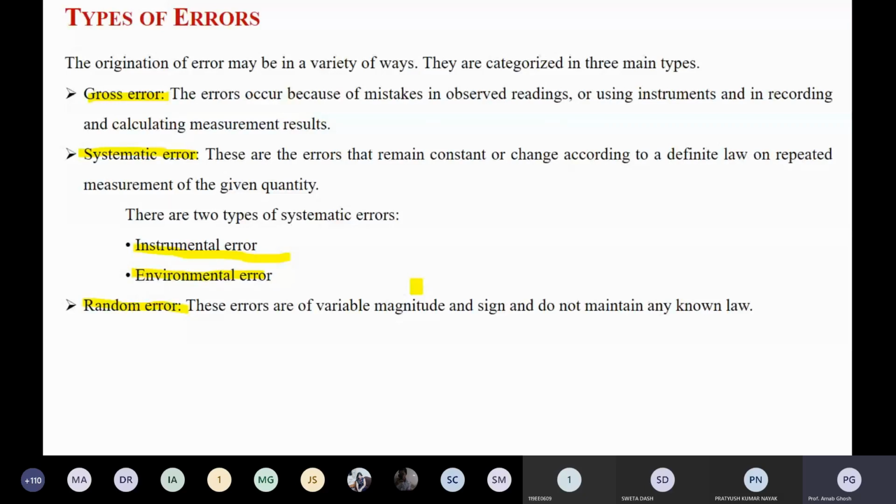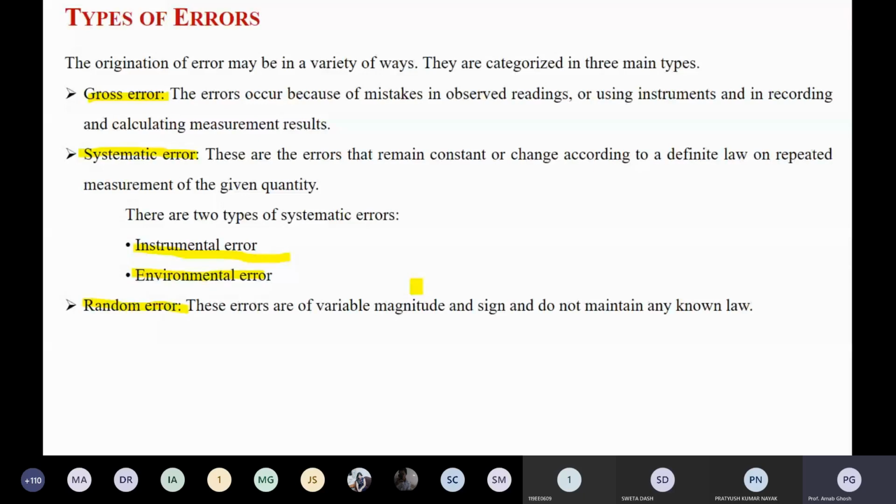So environmental error may sometimes be responsible. Instrumental error is due to the aging effect, and moisture may accelerate the aging, which may cause instrumental error. Instrumental and environmental errors are normally observed in mechanical measuring devices.